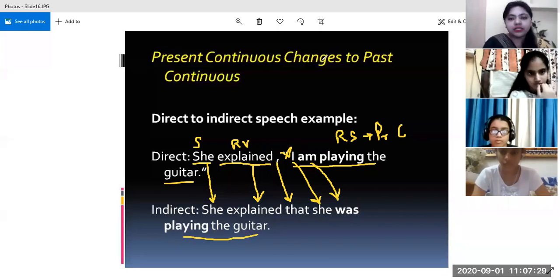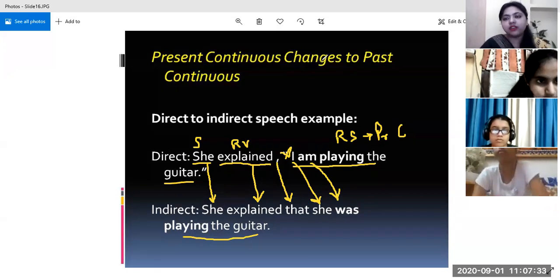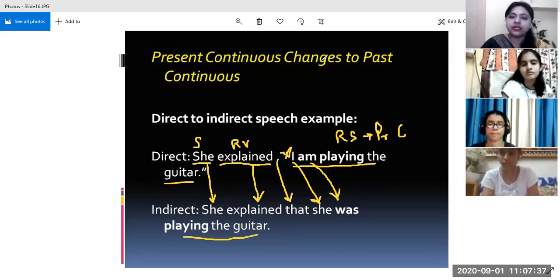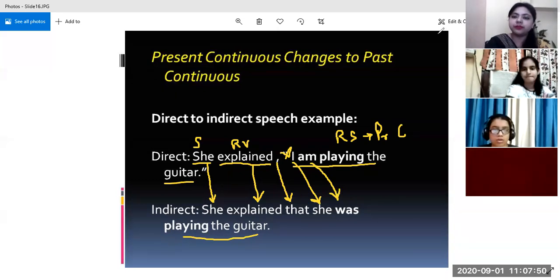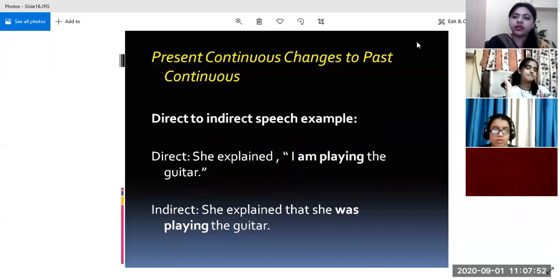And then past continuous is what? When the be verb is in past, that is, in place of is, am, are, we are using was and were, then that is past continuous, and the verb will be in the ing form only. So in place of am, we wrote was, and playing will come as playing only, and the rest of the sentence is written just like that. Okay, clear? Clear to everyone?